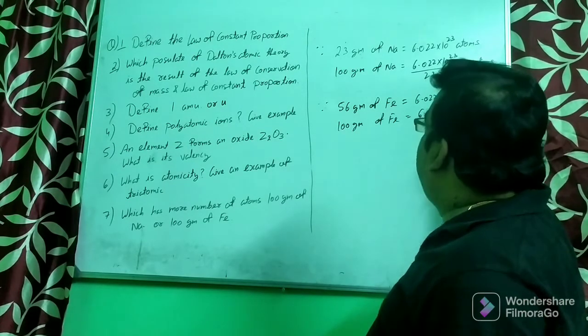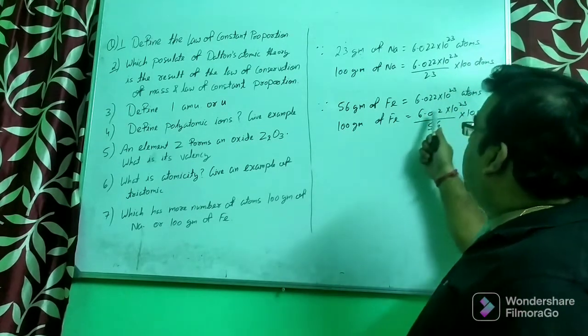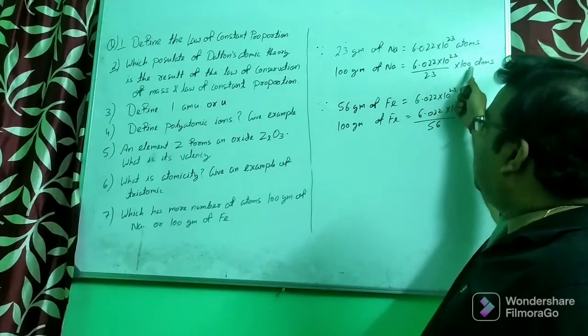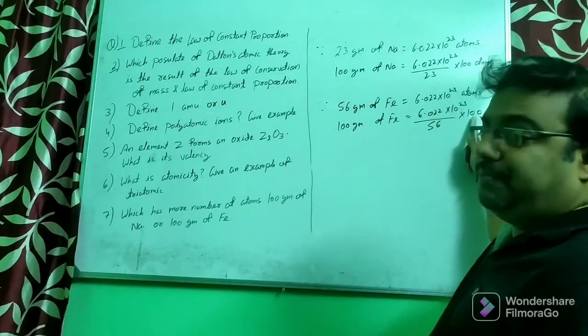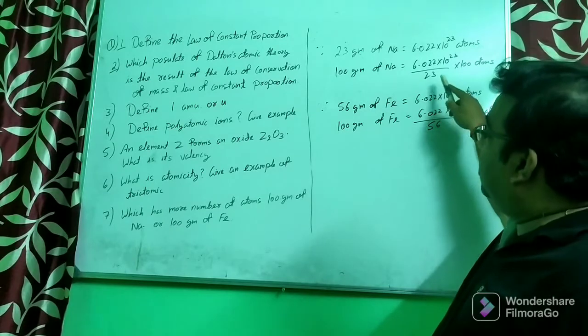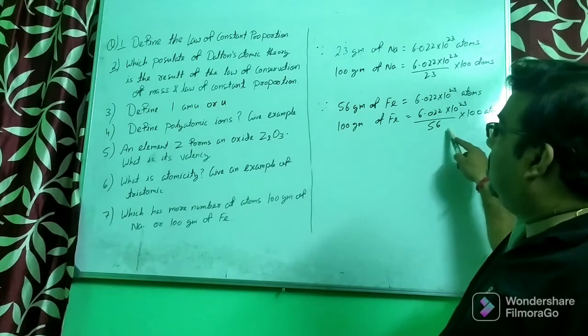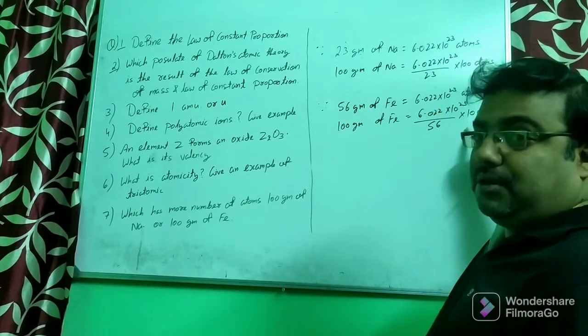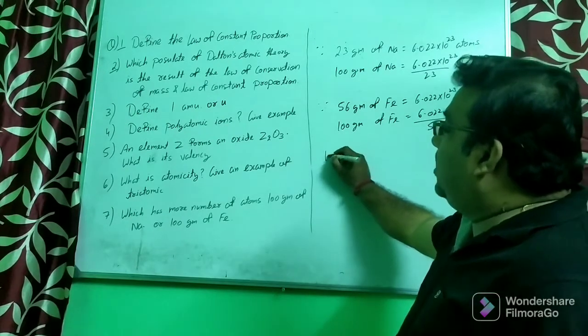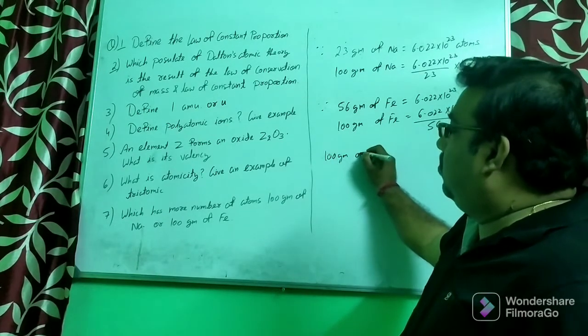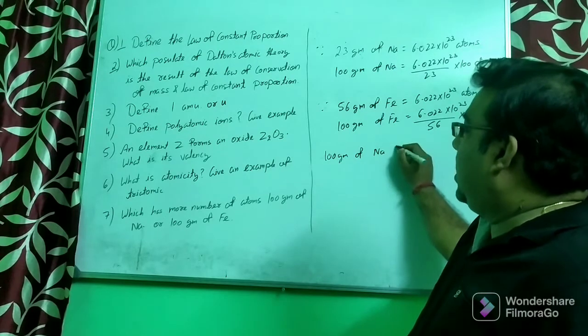Now if you see both the values, the numerators of both are the same, that is 6.022 into 10 to the power 23 into 100. Here the denominator is 23, here 56. So it has more denominator, that means the value is less. Then we can say that 100 gram of sodium has more atoms.